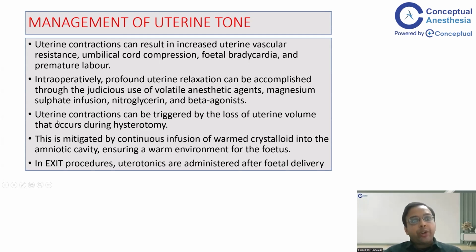Again, uterine contractions can be triggered by the loss of uterine volume that occurs during hysterotomy. This is mitigated by continuous infusion of warmed crystalloids into the amniotic cavity, ensuring a warm environment for the fetus. So in EXIT procedures, uterotonics are administered after fetal delivery.